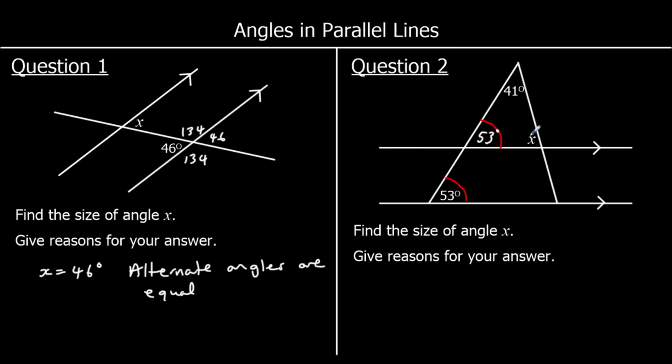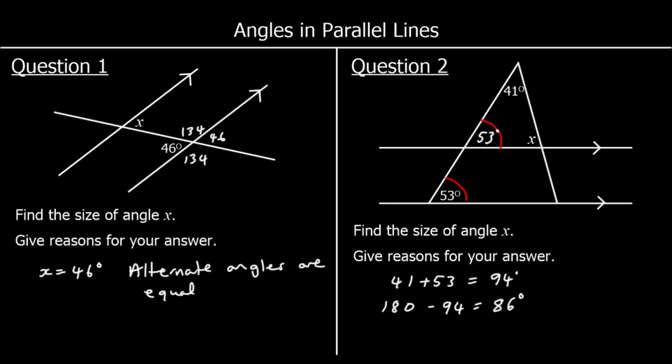Then we've got angles in a triangle, which adds up to 180. So we've got 41 and 53, which makes 94 degrees. We need 180, so 180 minus 94. So what do you have to add on to 94 to get to 180? That's 86 degrees.